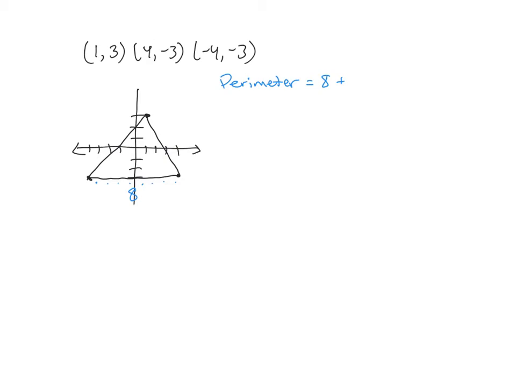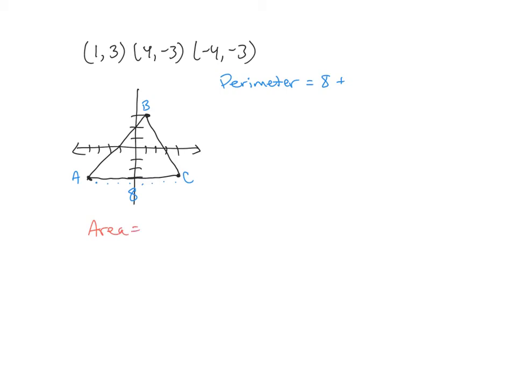And now it gets a little tricky because we got to figure out these other two sides that are on an angle. Okay, so if I label these, and I probably should have done it at the beginning, but A, B, and C. So from B to C, how long is that? From A to B, how long is that? So I'm going to come back to that because I'm going to draw a bunch of stuff here in a second, but I'm going to skip to area.